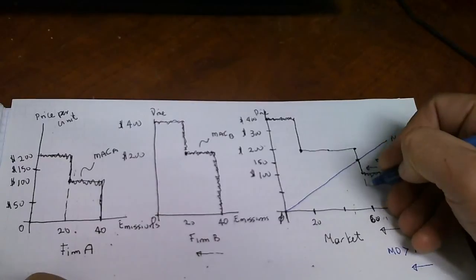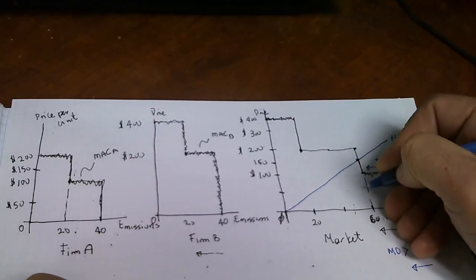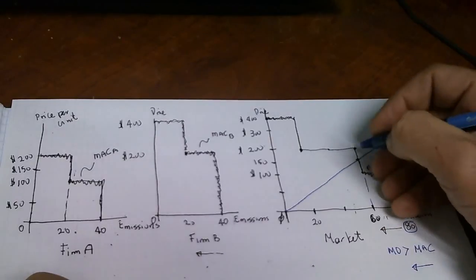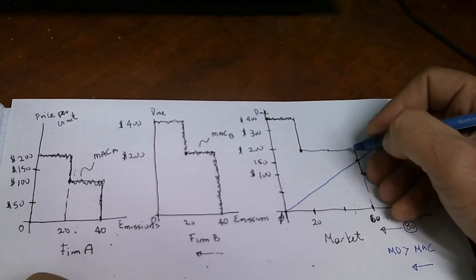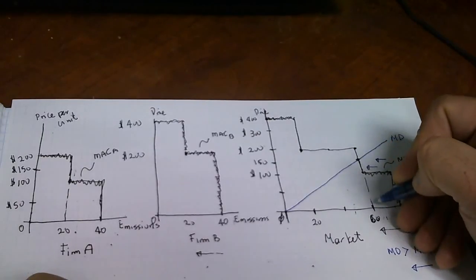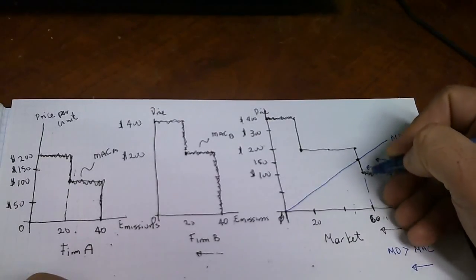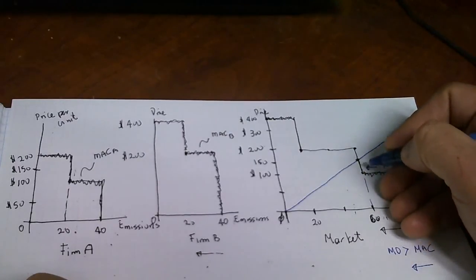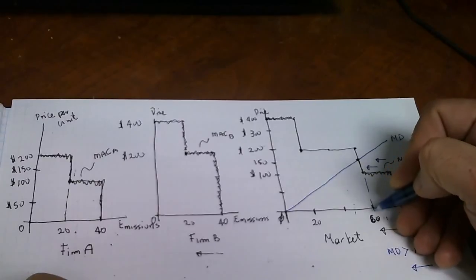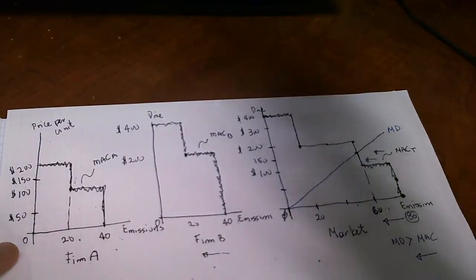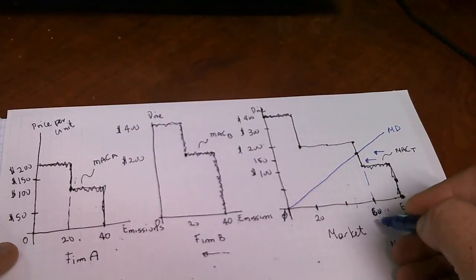And once you hit the 60 units here, you don't want to go any further, because the additional cost to society is a lot higher than the additional benefits that we get from further reductions in damages. Okay, so the optimal level is 60 units of emissions.